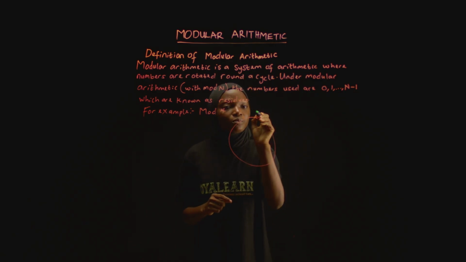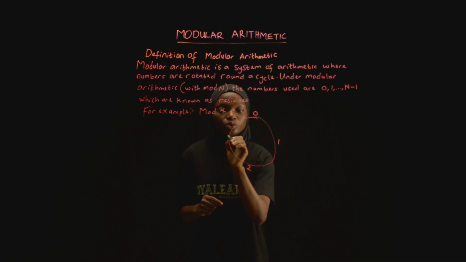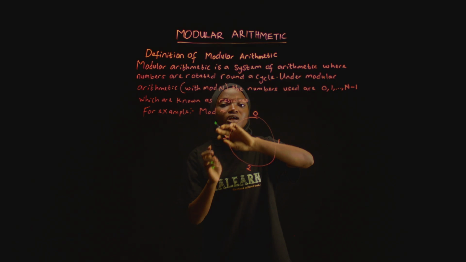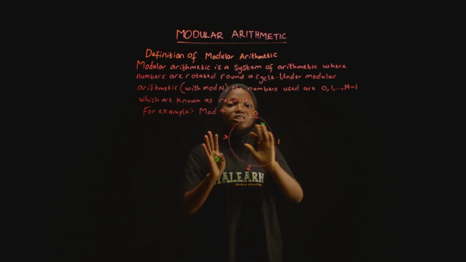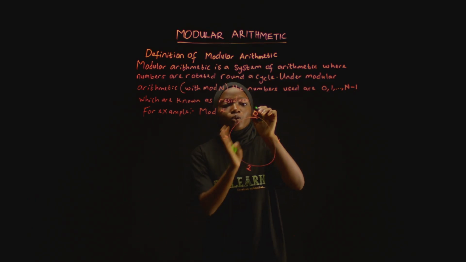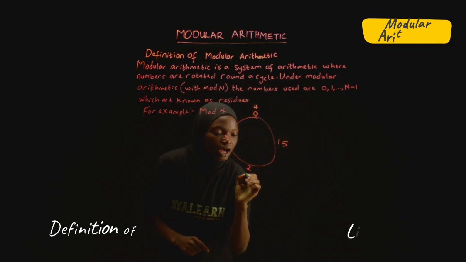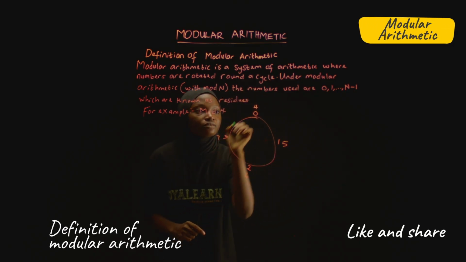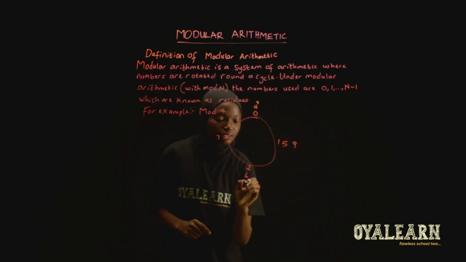So, for this circle, I'm going to measure it round with 1, 2, 3. Now, if I count again, since we are rotating numbers around this specific circle, going round, I'll be having 4, 5, 6, 7, 8, 9, 10.